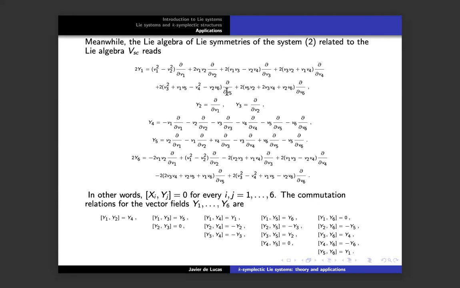The infinitesimal transformations induced by these could be the Y's. In the non-complex case, y1, y2, y3 are the infinitesimal transformations of the lift to the third order jet of the Moebius transformations.